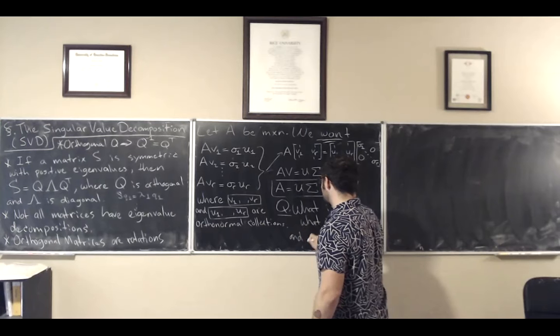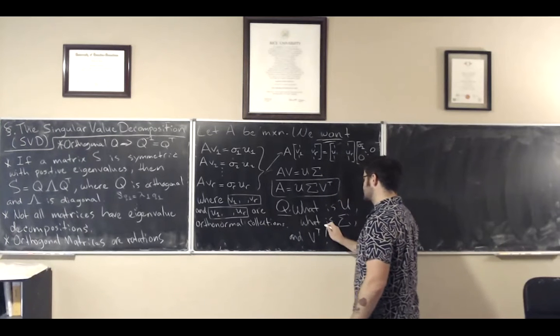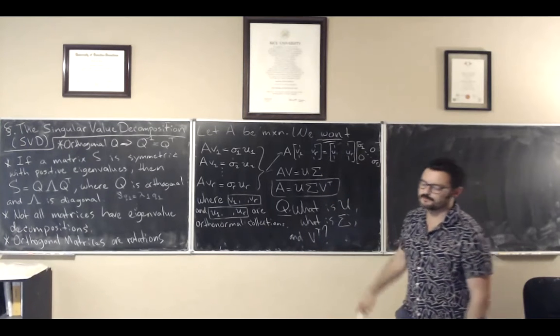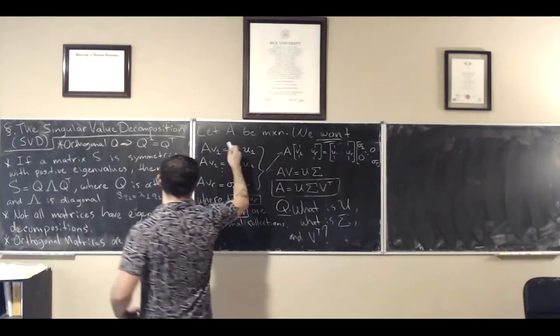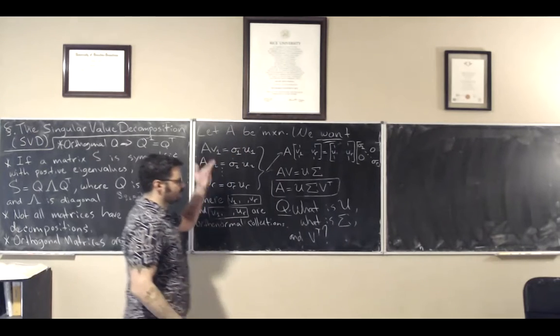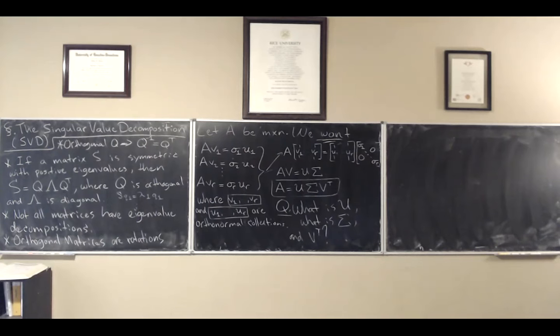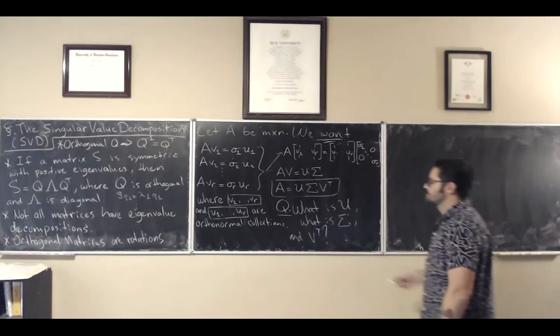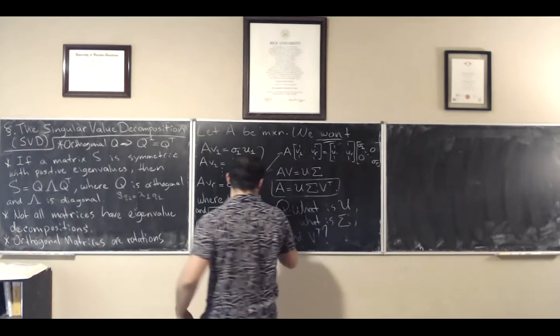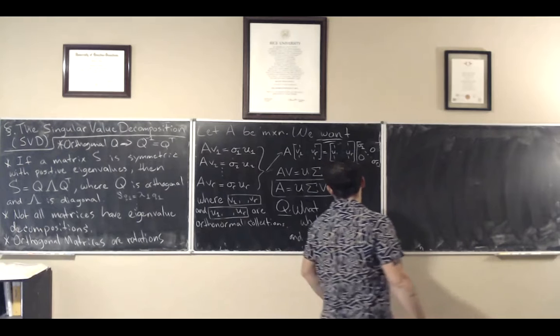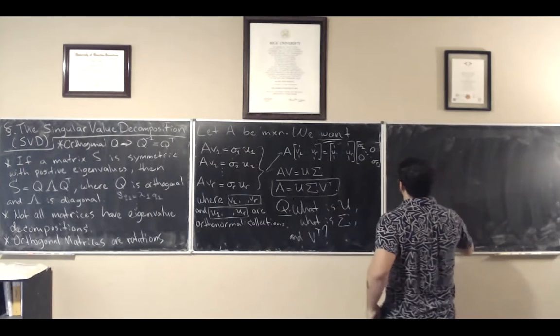And V transpose. What are the vectors that go into the U? What are those sigmas? What are the V's? In order to figure out what those are, we're going to work backwards from what we want and figure it out after the fact.